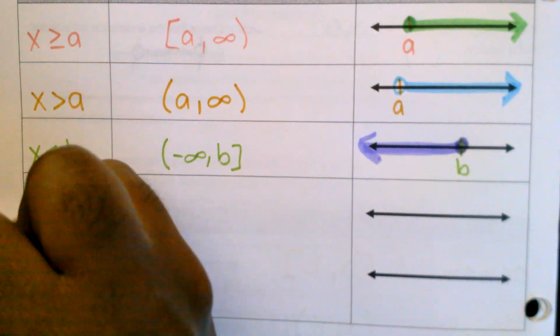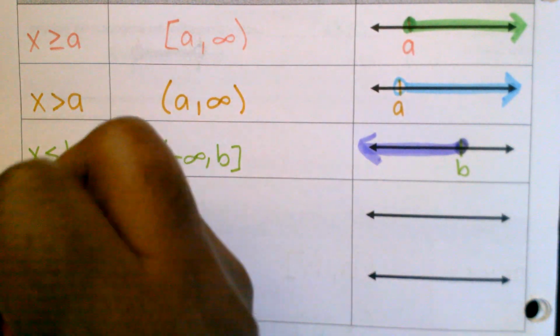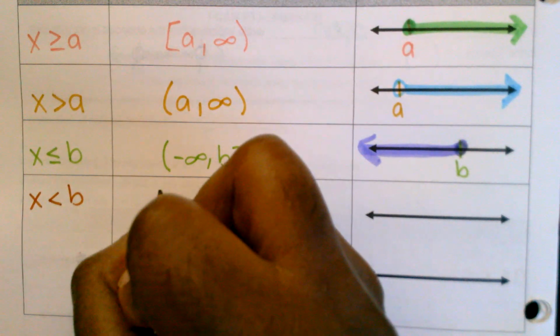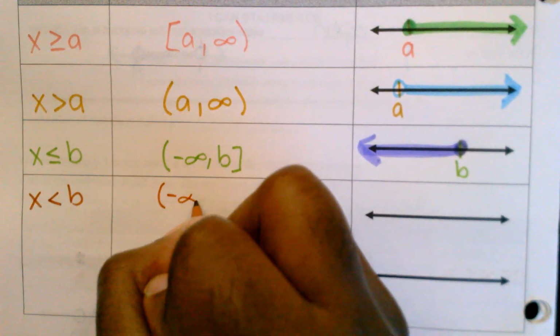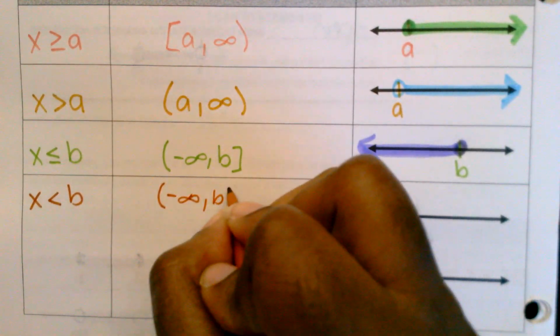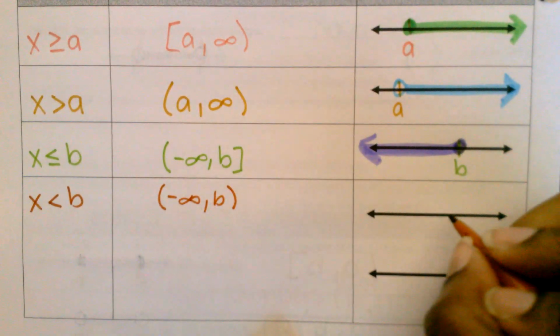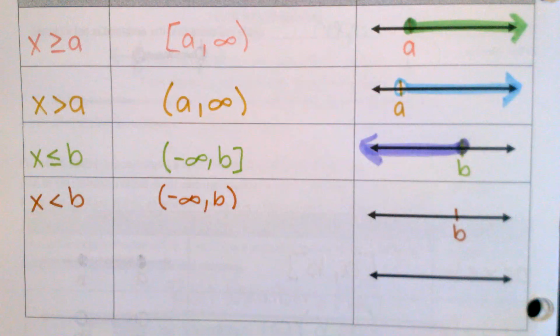Next, I have x less than B. So open parentheses, negative infinity, comma B, close parentheses. Placing B on my number line.